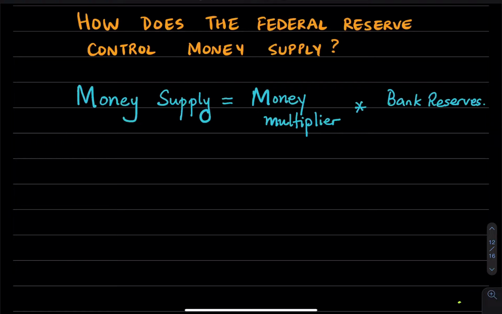And so the Federal Reserve can change the money supply by either changing the bank reserves or changing the money multiplier.